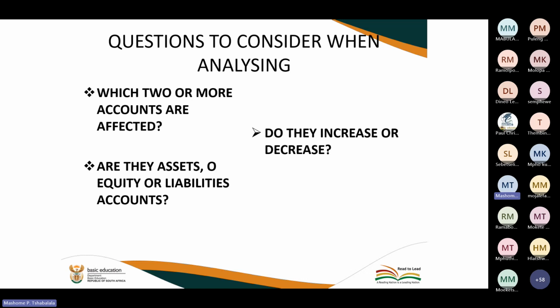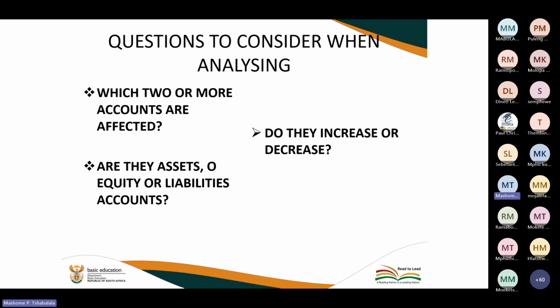Now, the last question that you need to ask yourself is whether they increase or decrease. They increase assets or decrease assets. They increase owner's equity or decrease owner's equity. Now, let us look at those accounts that are affecting our accounting equation. Now we move to the next slide.